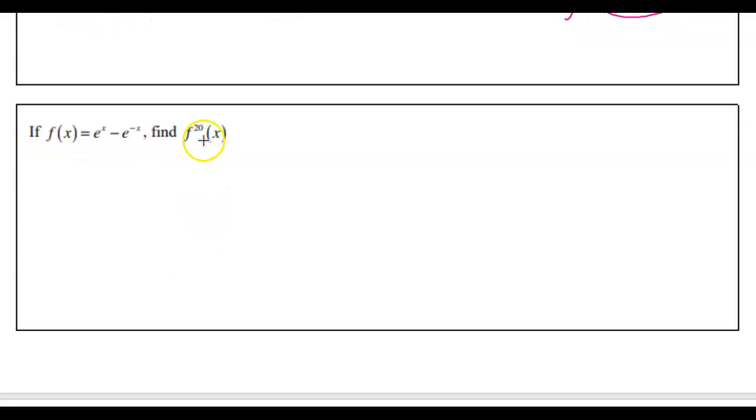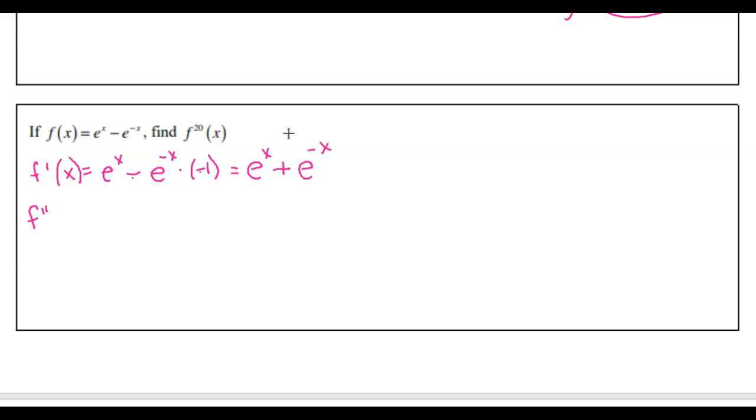Now, if I see a high number like 20, that means eventually there's got to be a pattern. So let's just explore. So our first derivative, e to the u, minus e to the negative u times the derivative of the exponent. So that becomes e to the x minus, that makes it plus, e to the negative x.